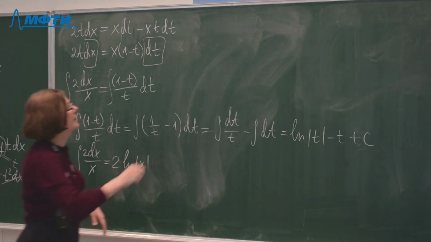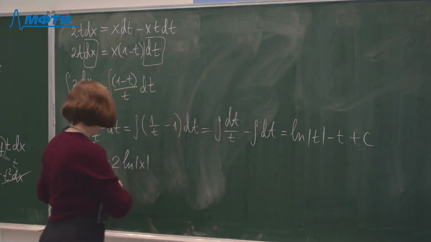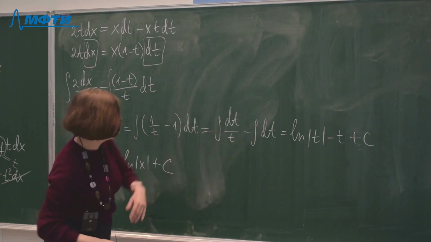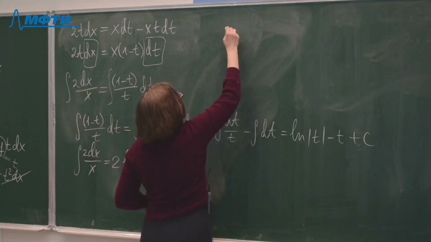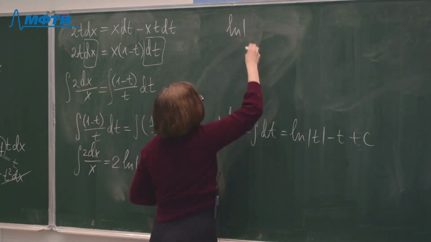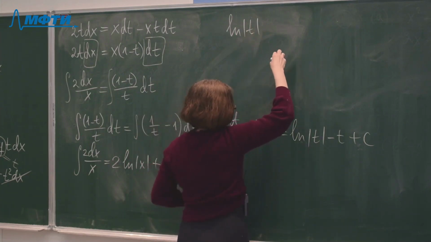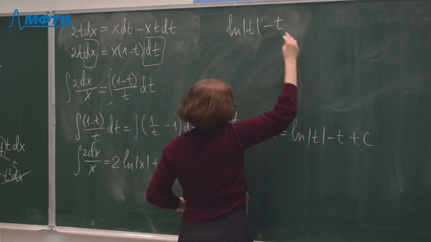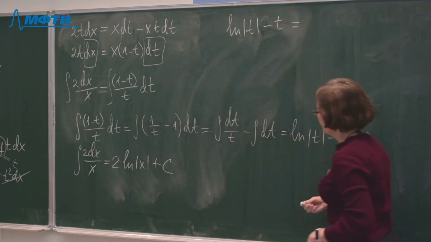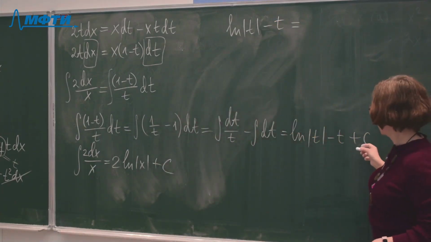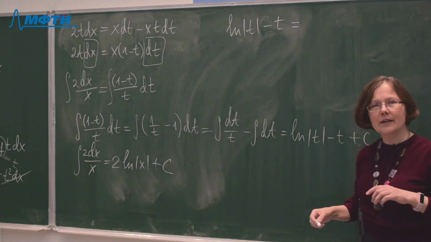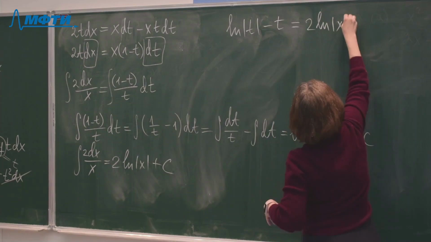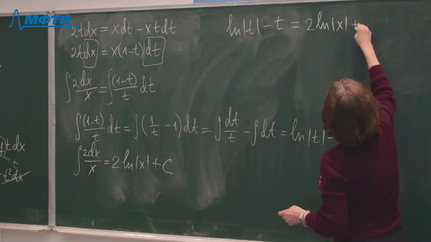Next we should equate this integral plus c, this integral, and this answer: ln absolute value of t minus t equals, we should write c only on one side, so it will be 2 ln absolute value of x plus c.